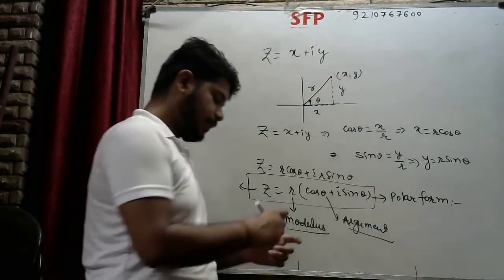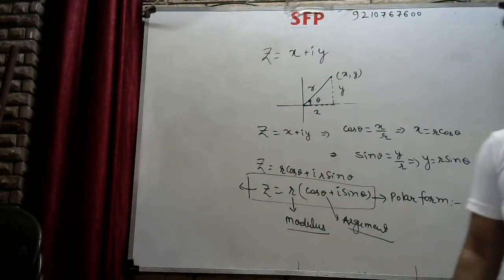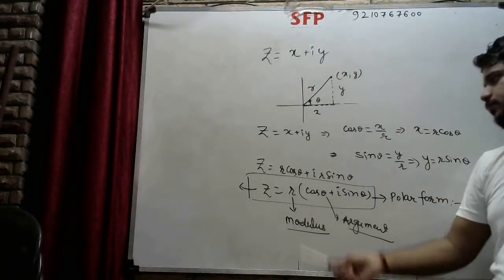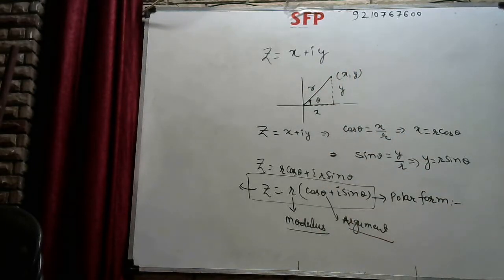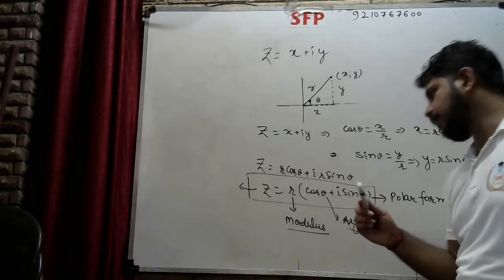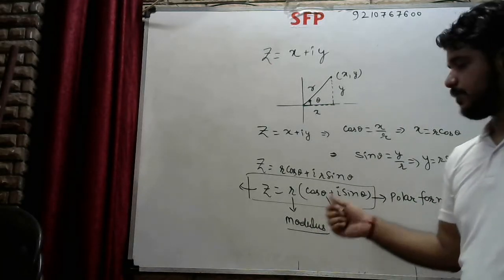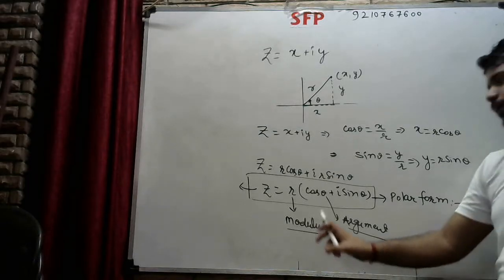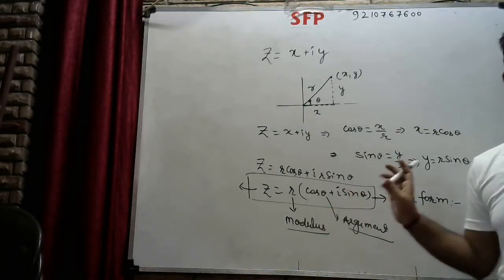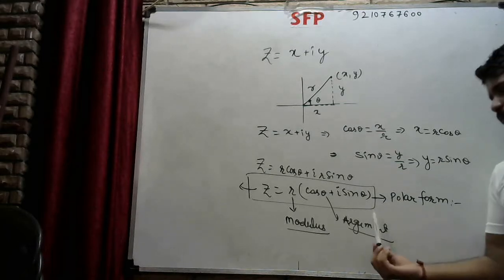I hope you got how to represent a complex number in polar form. z can be represented as r cos theta plus iota sin theta, where r is your modulus and theta is your argument. This representation is known as polar form.